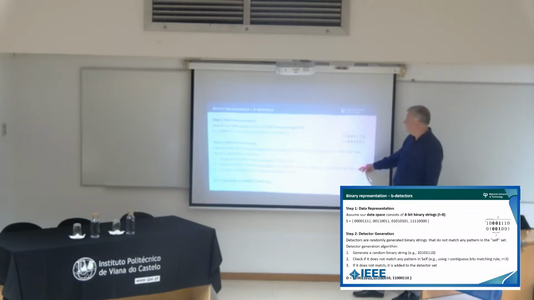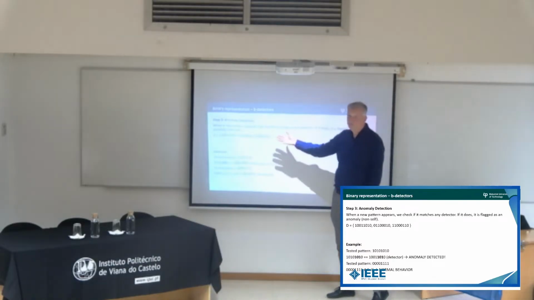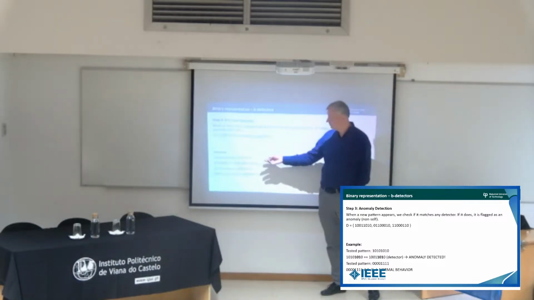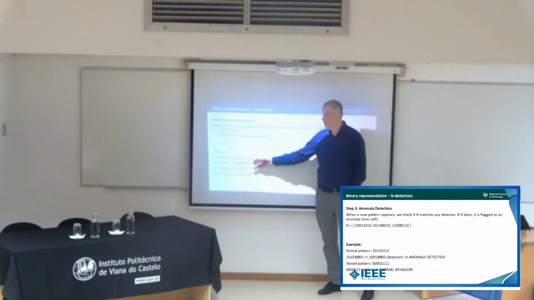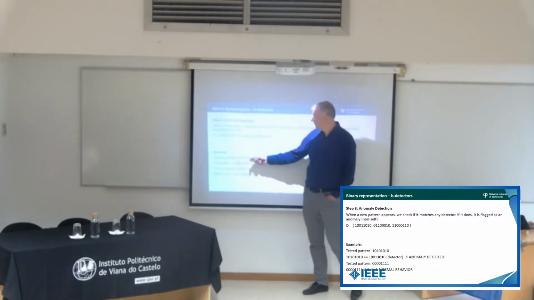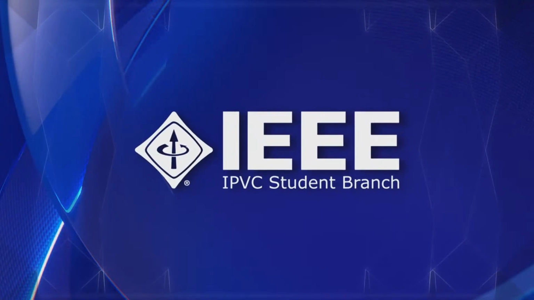Of course, the value R must be less than the length of the binary strings. If you have a set of binary detectors and a tested pattern, for example a network connection, we check if this pattern can be recognized by any of these detectors.